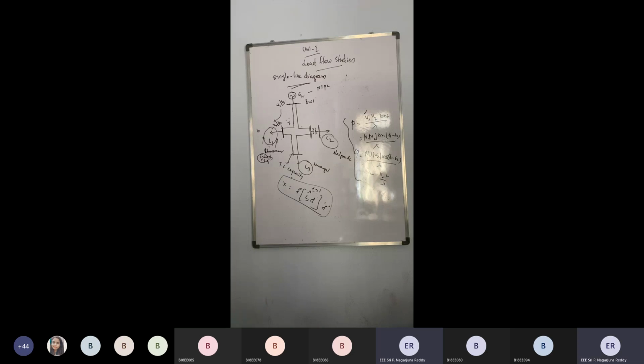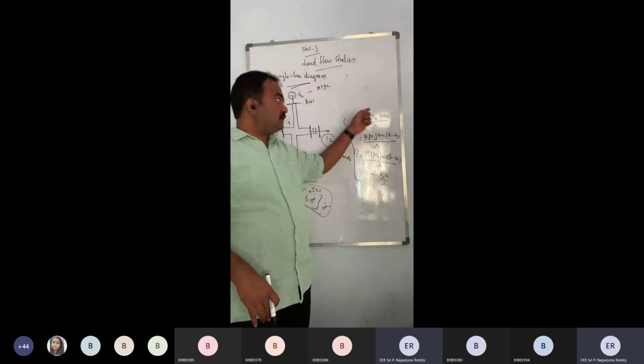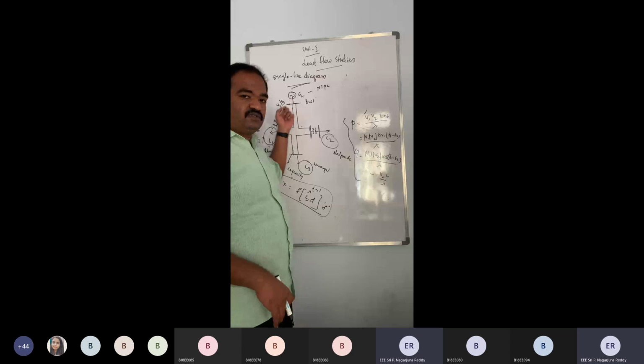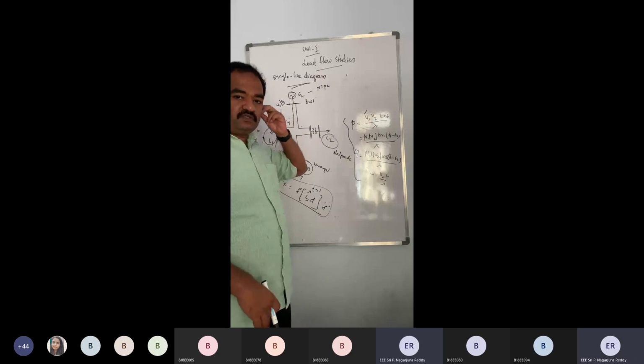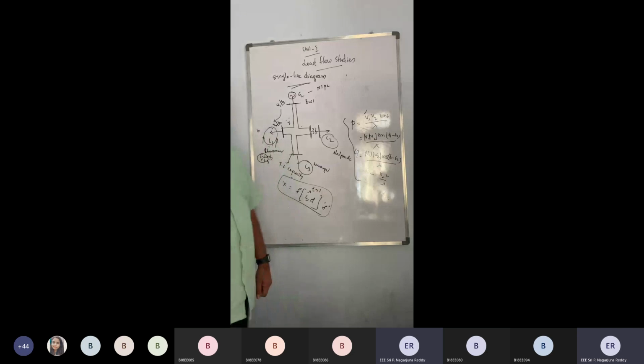Can anybody suggest? Either I am supposed to increase the voltage level, or I am supposed to increase the angle difference between these two, or I am supposed to reduce the reactance of the transmission line. Isn't it? These are the factors.